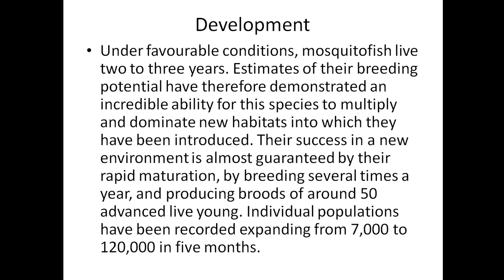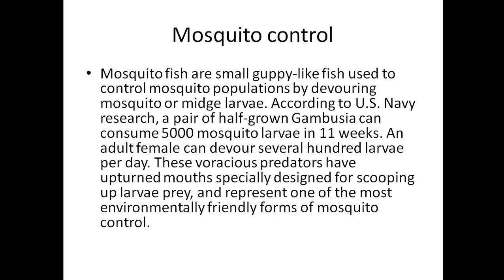Even their success in a new environment, if they are introduced elsewhere, is almost guaranteed by rapid maturation, and by breeding several times a year and producing broods of around 50 young ones. Individual populations have been recorded expanding from 7,000 to 1,20,000 in 5 months.